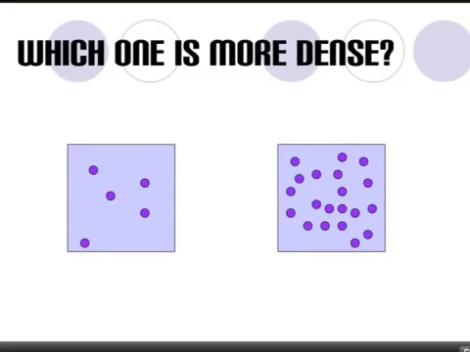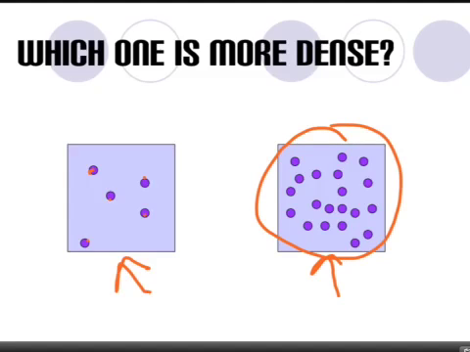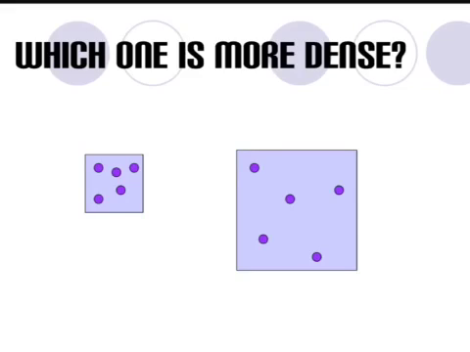So here's an example. Imagine 2 blocks, and they're filled with these particles. Doesn't matter what the particles are, but these two blocks are filled with particles. This block has only 1, 2, 3, 4, 5 particles, and this block has lots more. So we would say that this one is more dense because it has more particles for the same amount of space. And here's another example.